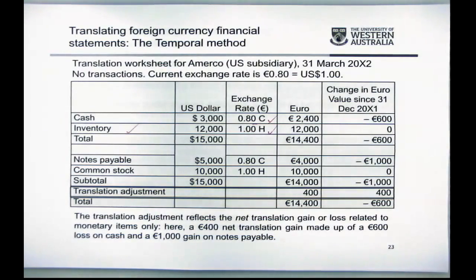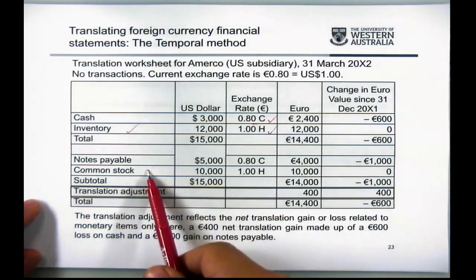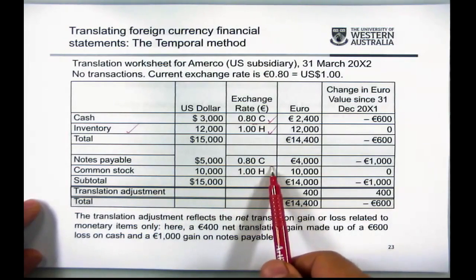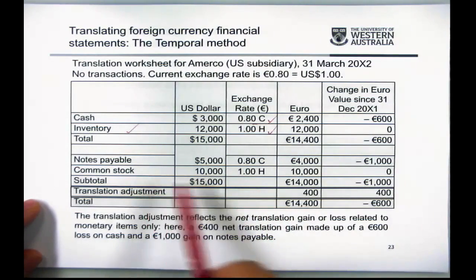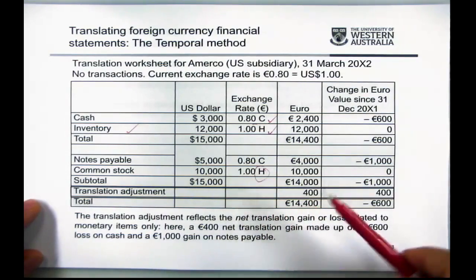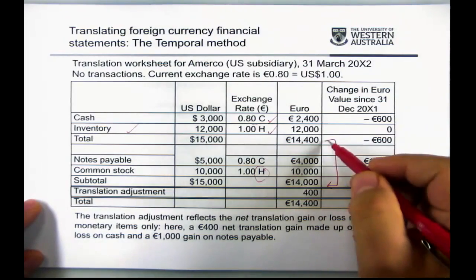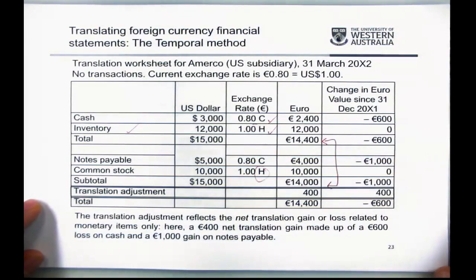Notes payable is a monetary item, so we use the current exchange rate, and equity is always translated at the historical. So again, as we can see, we have an imbalance.